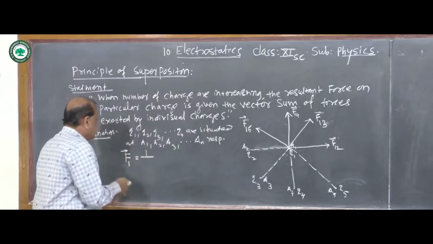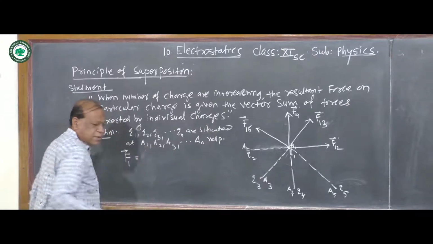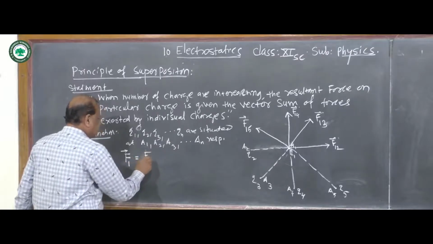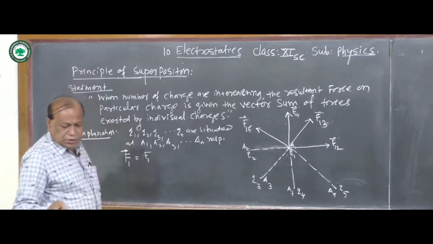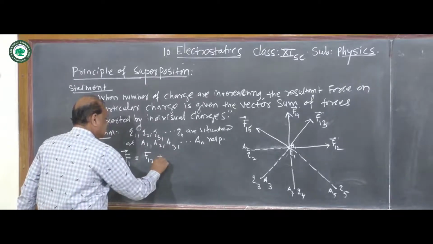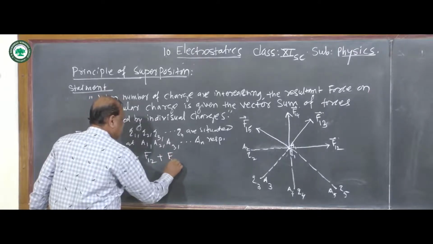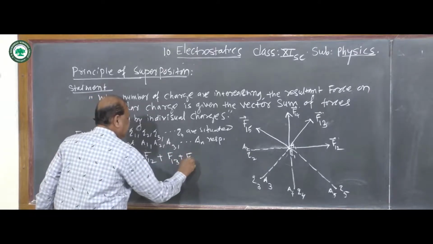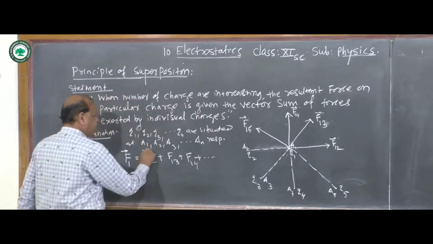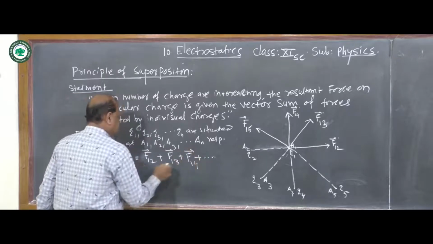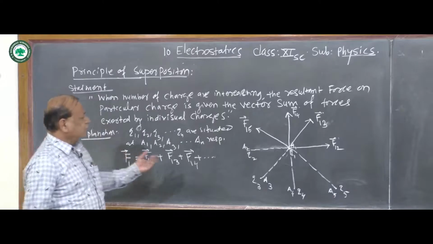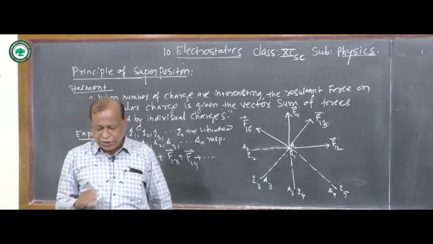We write in notation F1 is equal to F12 plus F13 plus F14 and so on. This is the force acting on this charge Q1.